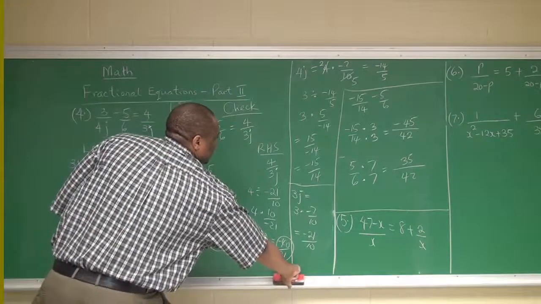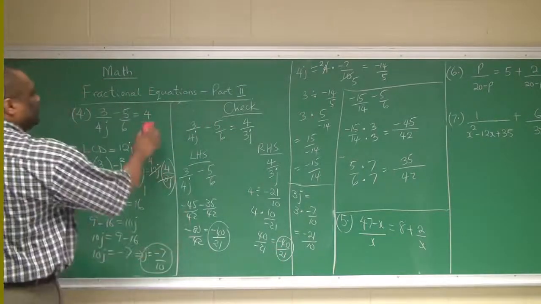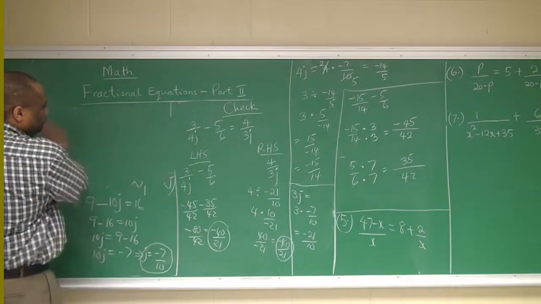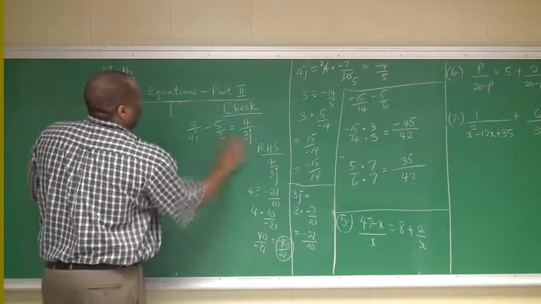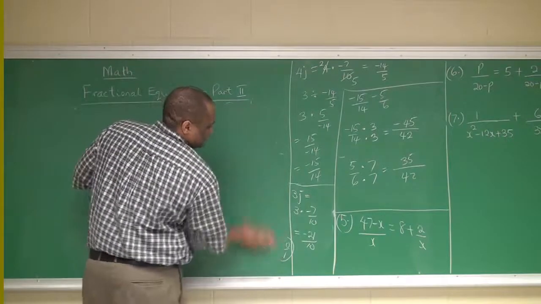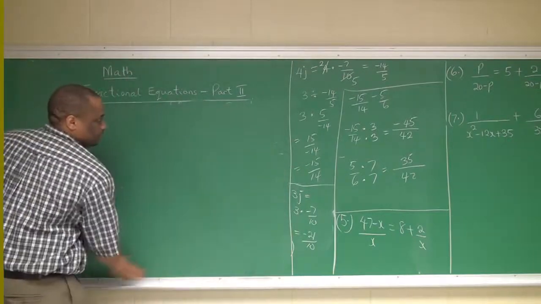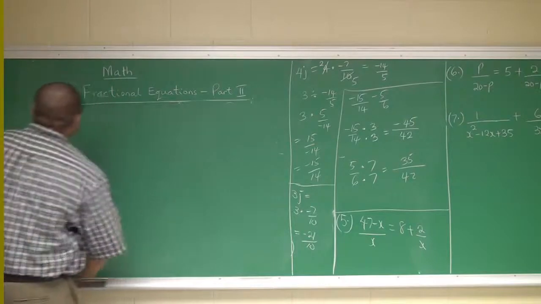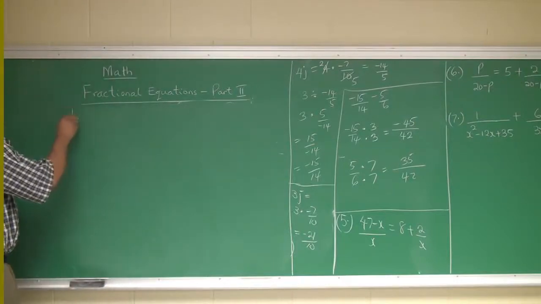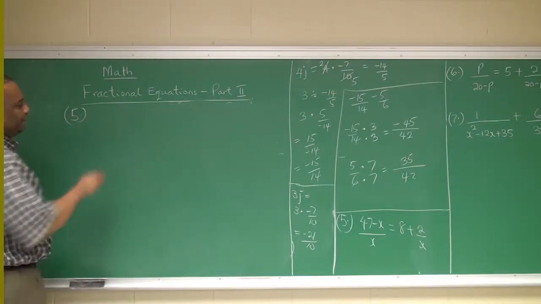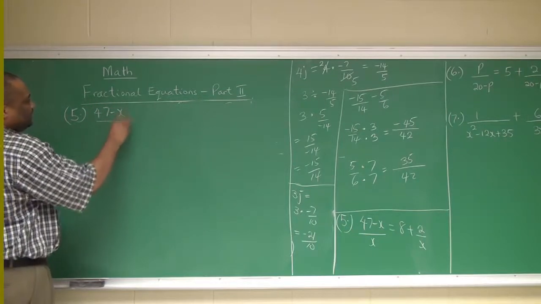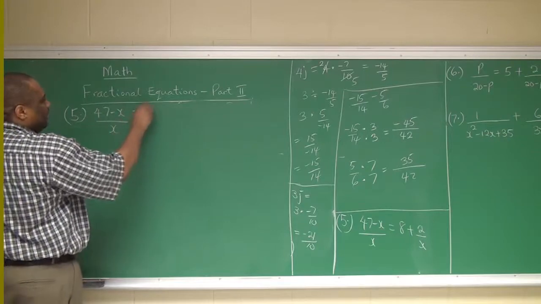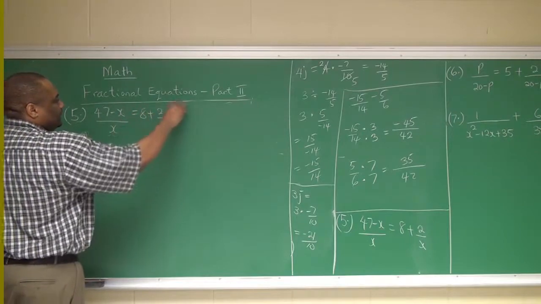Okay, folks, let's do question 5. So we have 47 minus x over x equal to 8 plus 2 over x.